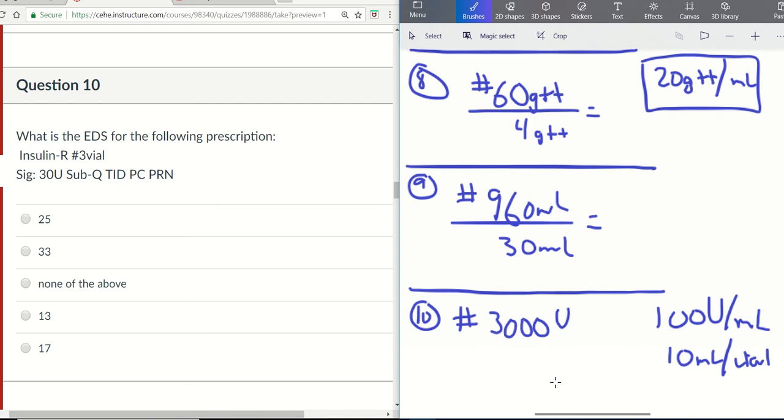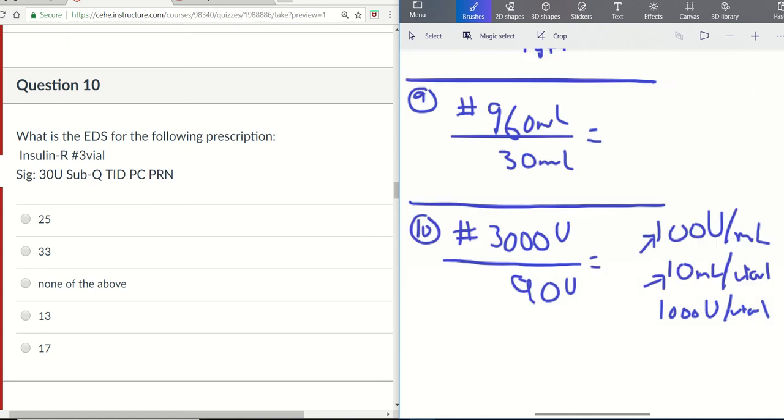So it's 3 vials at 10 mLs per vial at 100 units per ml. So that's 1,000 units per vial. So 3 vials is 3,000 units of insulin. 30 units 3 times a day. How many units is that in a day? 90. So 3,000 divided by 90, round down to the nearest day.